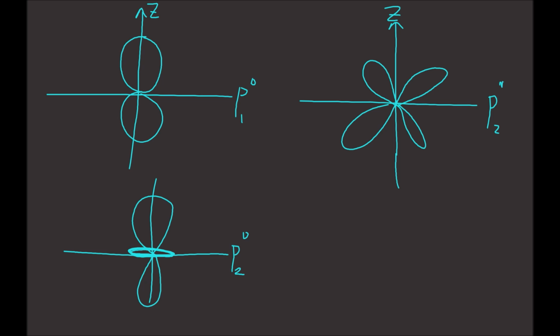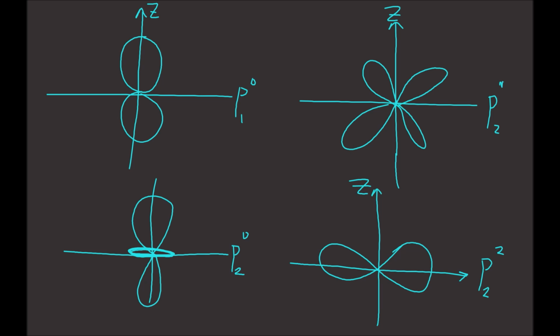I hope these look familiar from chemistry 1, if you remember how these atomic orbitals look. This is P with L equals 2, M equals 2, looks something like that. So that's how we know how these atomic orbitals look from the Schrodinger equation.